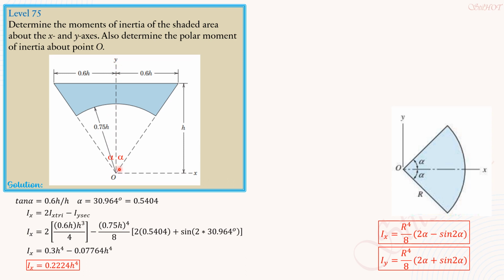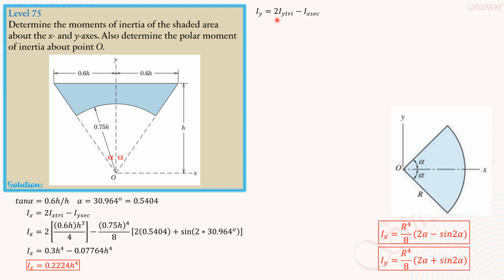If we analyze this orientation here, this axis is actually the x-axis. So you just flip the figure. Take note, this axis here is this axis here. So this is the y-axis for this figure. Therefore, Iy is 2 times Iy of the triangle minus Ix of the sector.